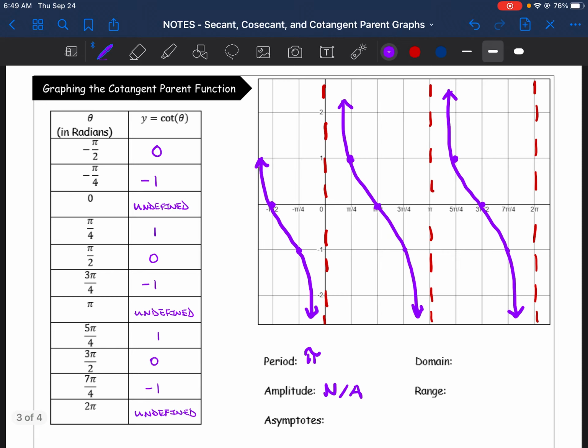And asymptotes, we can see the asymptotes are happening at every integer multiple of pi, 1 pi, 2 pi, 3 pi, and so on. So we'll say that's integer multiples of pi. Okay. The domain is all real numbers except for at the asymptotes.